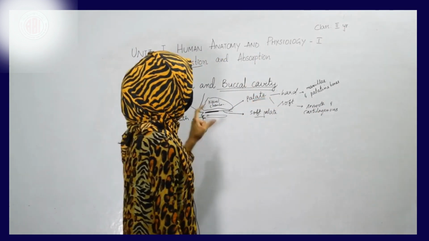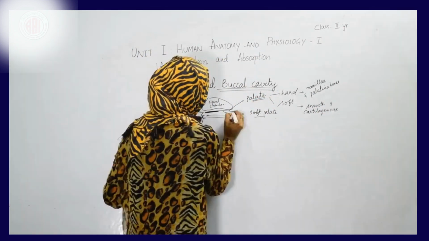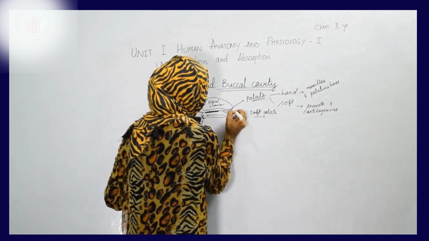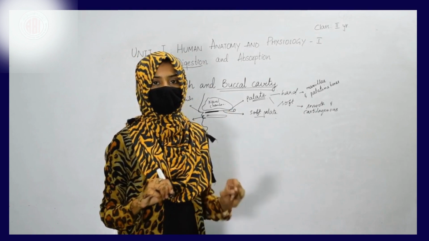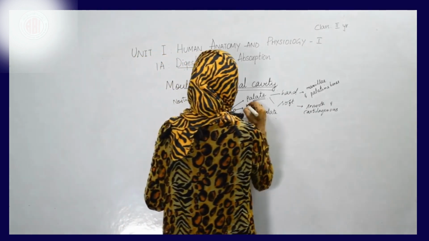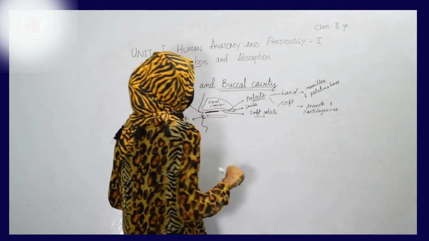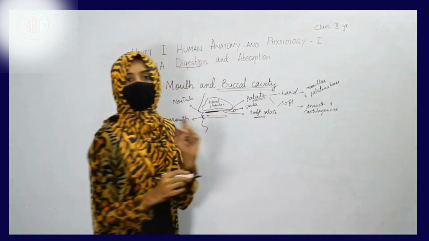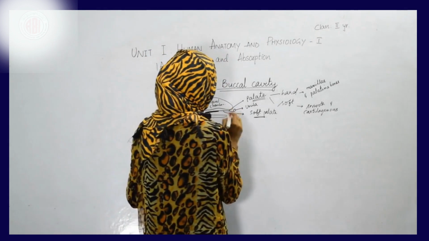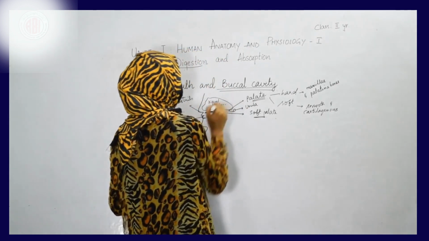When you see the posterior part, that is soft palate, it shows some extension like this. That extension is called as uvula. This uvula is the extension of soft palate. This is present just to prevent the entry of food into the nasal chamber.